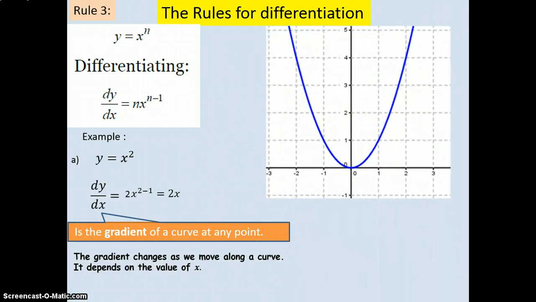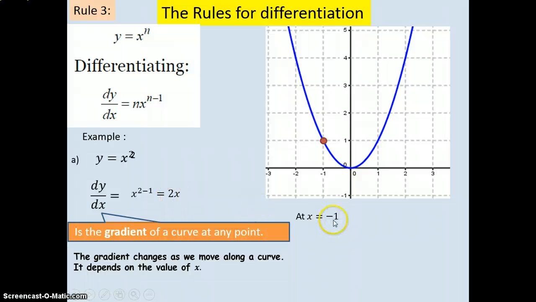Let's see some examples. If we want to find the gradient of the curve at the point x is equal to -1, before we had to draw the tangent to that point and find the gradient of the tangent. But now we know that the gradient of the curve x squared is 2x. This is the gradient of the curve at any point.